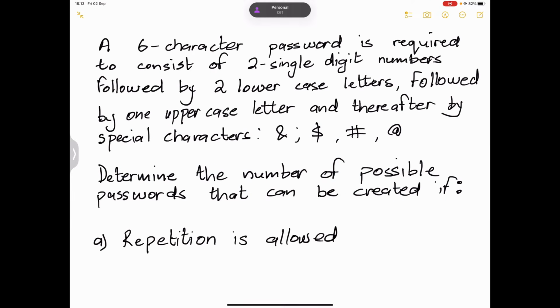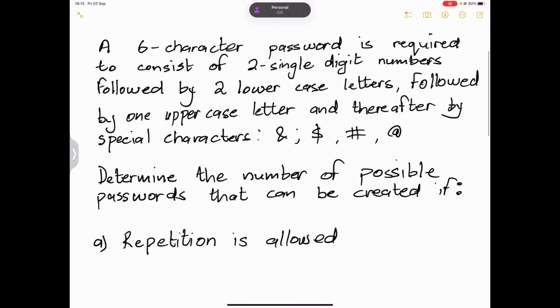Now let's consider another example where we are looking at creating passwords.